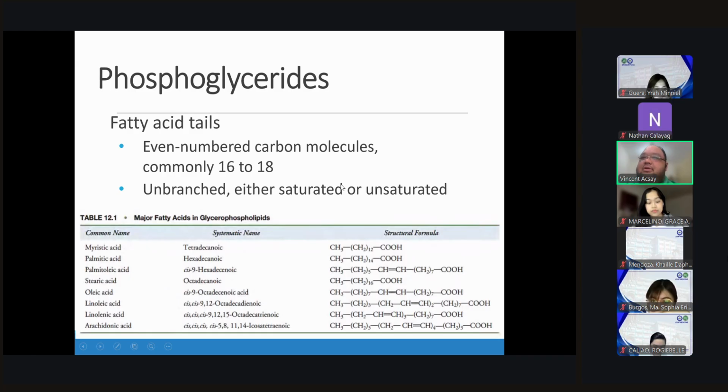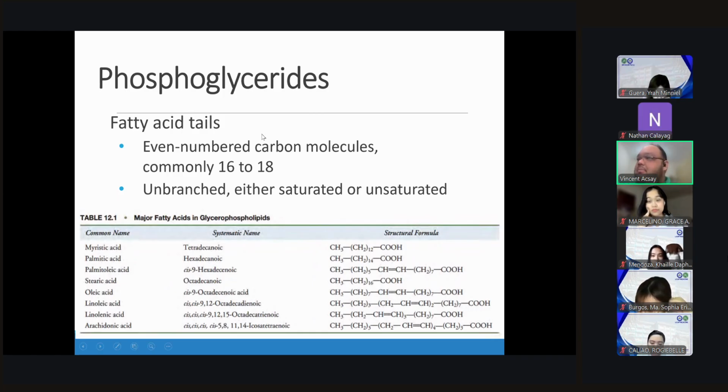First, the fatty acid tails that are connected to your phosphoglycerides are typically even-numbered carbon molecules, commonly around 16 to 18. Typically, they are all unbranched, and they are either saturated or unsaturated.